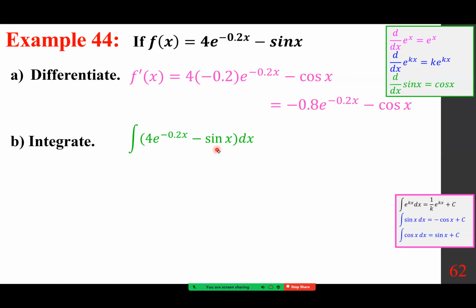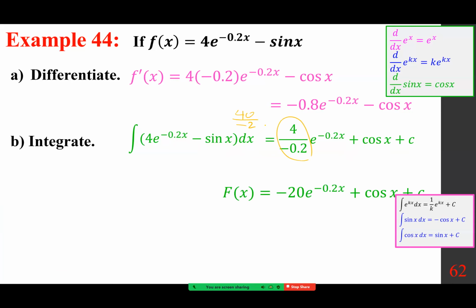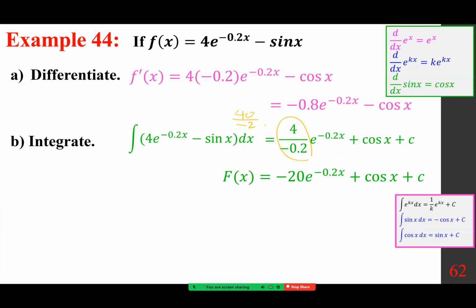So minus negative cosine or plus cosine and a constant. So again, 4 divided by negative 0.2 e to the power of negative 0.2x, and then minus sine x gives us plus cosine x. This one is 4 divided by negative 0.2, or negative 20.